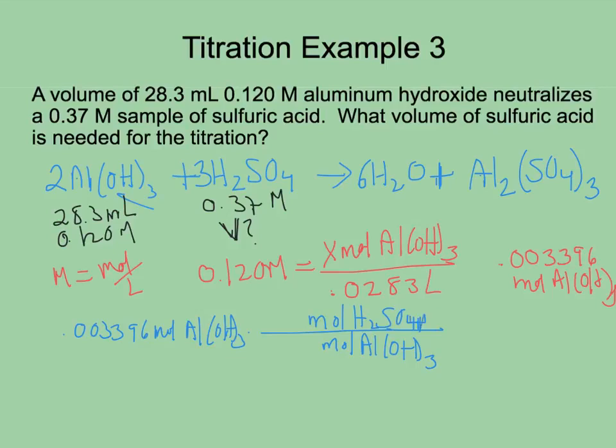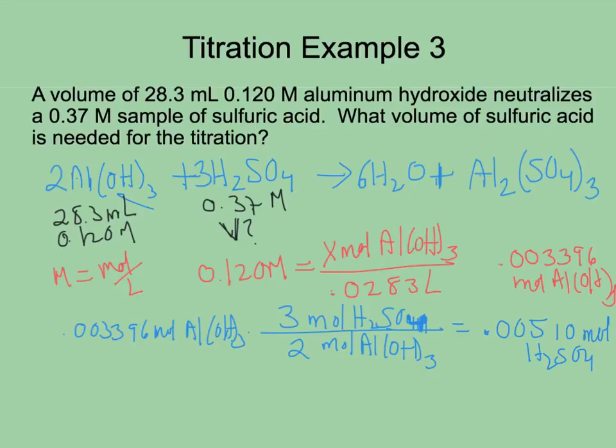That's a 4, not a 44. Sorry. My stylus is not working too well. From the molar ratio from the equation, I know that there's 3 moles of H2SO4 for every 2 moles of aluminum hydroxide. So that equals 0.00510 moles of H2SO4.